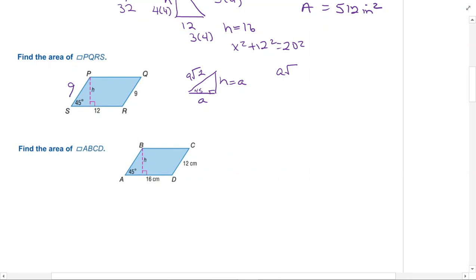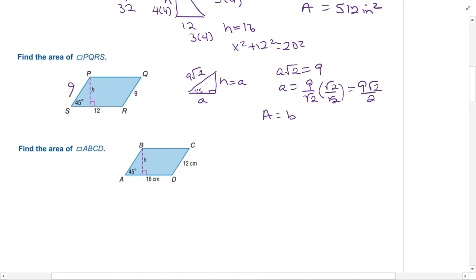So A rad 2 equals 9. A equals 9 divided by rad 2. We need to rationalize. So that equals 9 rad 2 over 2, or 4.5 rad 2.